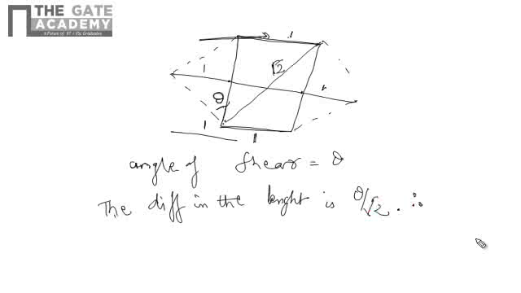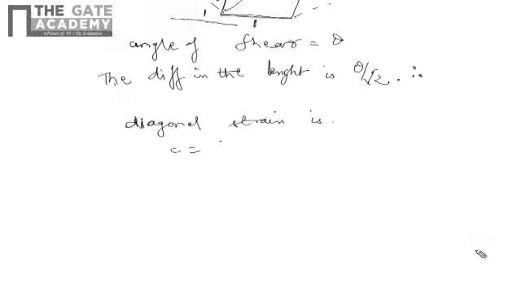Therefore, the diagonal strain is delta L by L, which is theta by root 2 divided by root 2. So it becomes theta by 2.